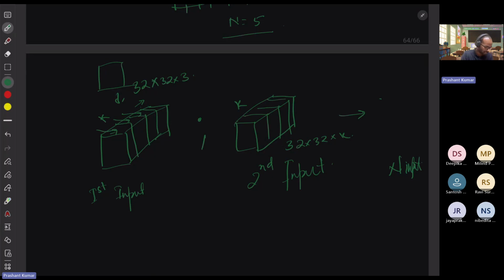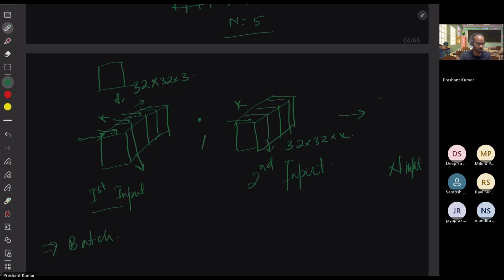Now in batch normalization, we are saying that from the first kernel, I have got this feature for the first input. For the first kernel, again, I have got this feature for the second input.